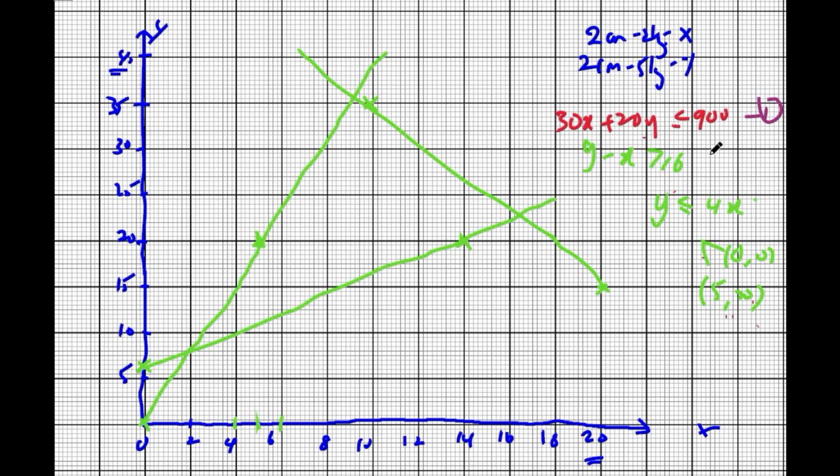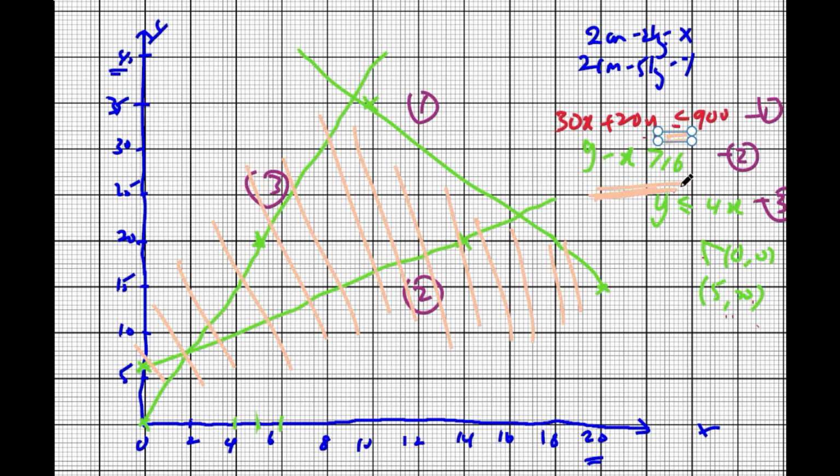So we know this is the first, this is the second, and this is the third. Smaller than 900 means below the graph. Then the second one, larger than 6, means above the graph, so it should be above 2.